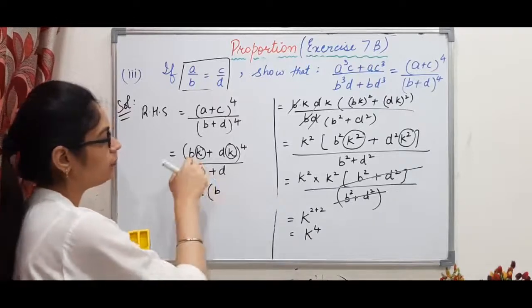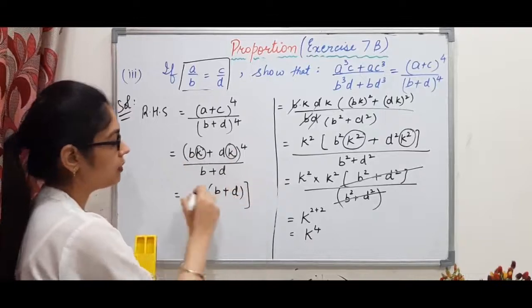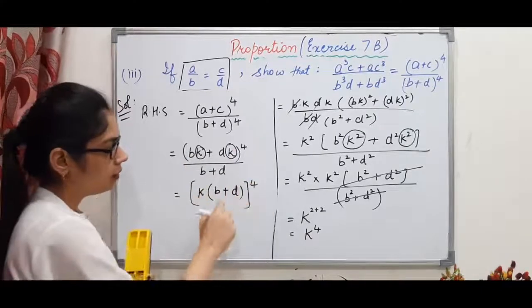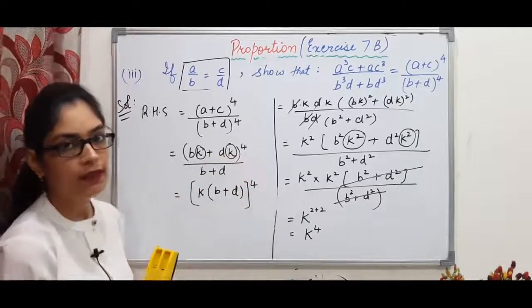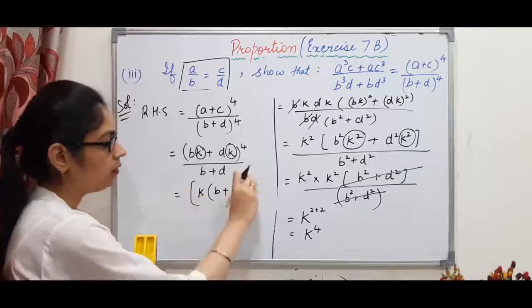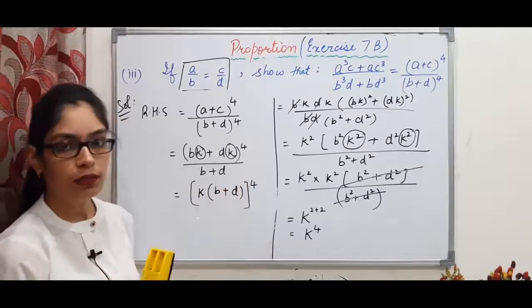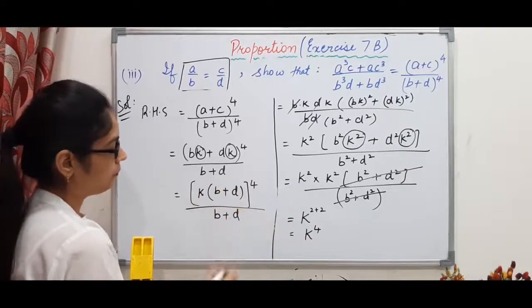So inside I am left with b plus d, and this 4 power is with k also because whole bracket is there with this k as it is inside. So if we take out common also, then this 4 power will be there with k also, b plus d.